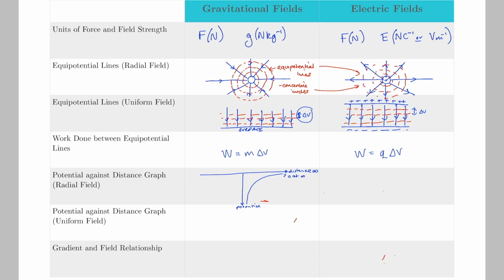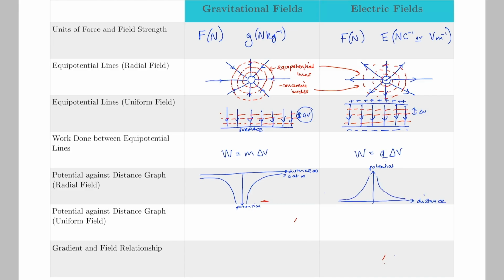And similarly, if you were to go in the other direction like that. Our potential against distance graph for the electric field is kind of similar, but because we have an attractive or a repulsive force, the graph can look either the same way as the gravitational field, or it has a graph that looks like this.